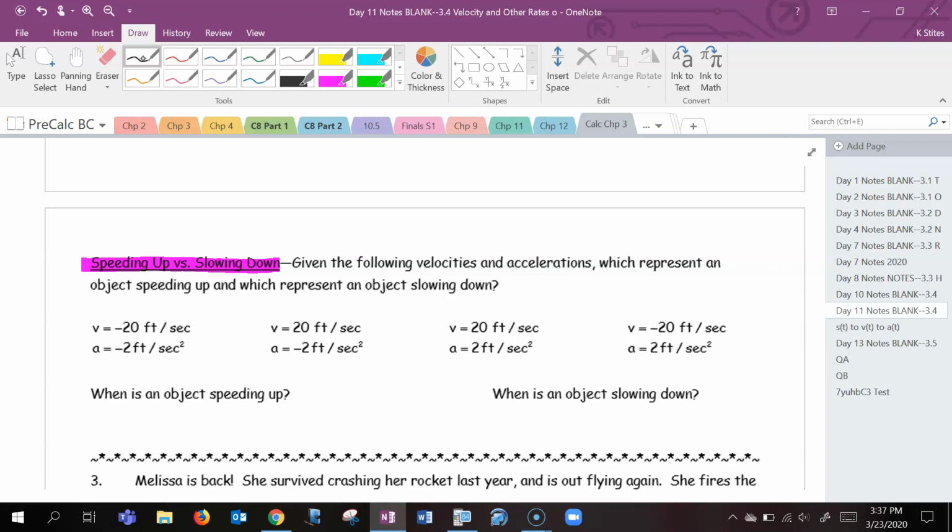All right, so here's your answer. An object is speeding up when velocity and acceleration are working together and have the same sign.